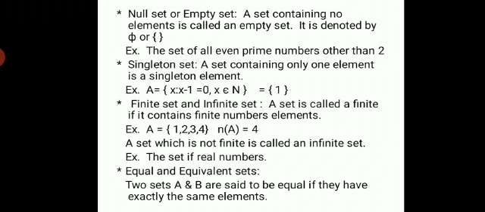Two sets A and B are said to be equal if they have exactly the same elements. I repeat, two sets A and B are said to be equal only when both sets have the same elements.